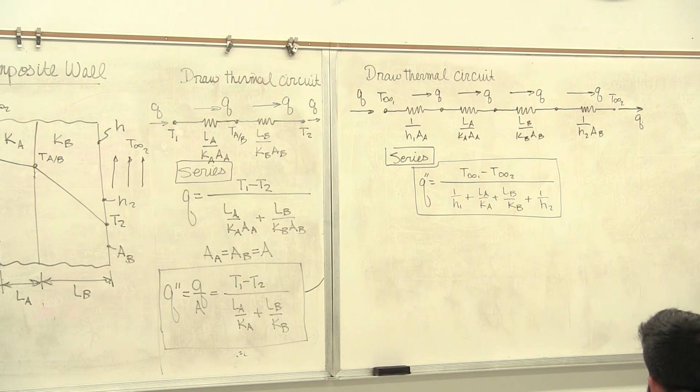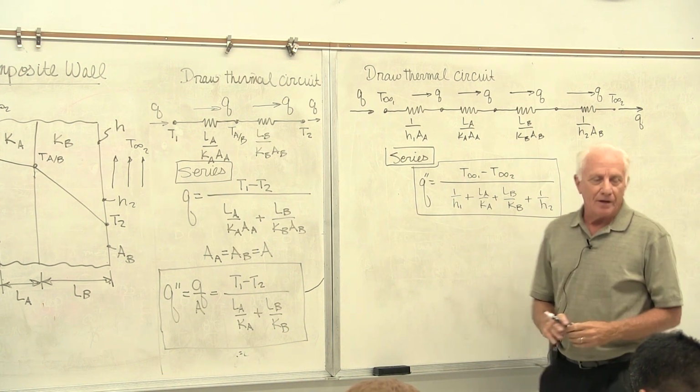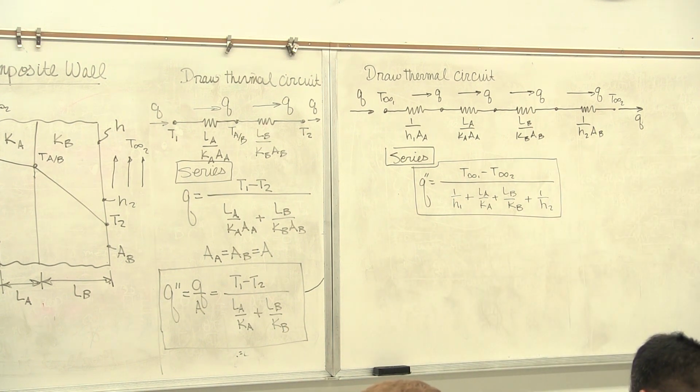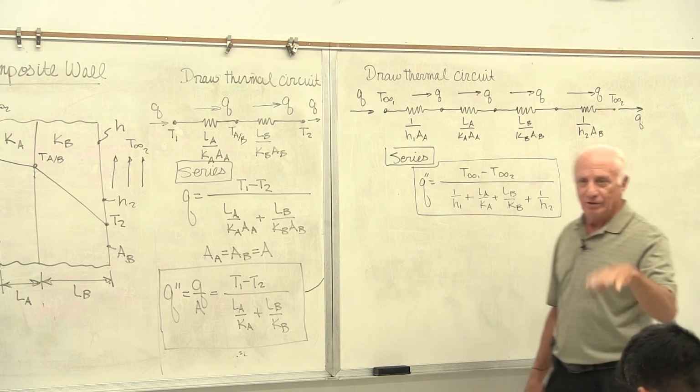How come on the previous problem we didn't take into account the convection? Oh, I said I put a thermocouple on this wall and I read 78 degrees. I went in the hall and I put a thermocouple on that wall and I read 72 degrees. Somebody gave me T1 and T2, by some means, I don't know how. But you're right, typically in the real world, you don't know that.